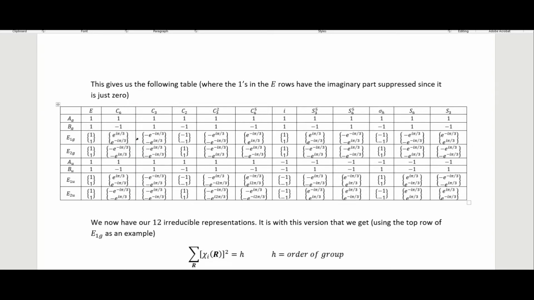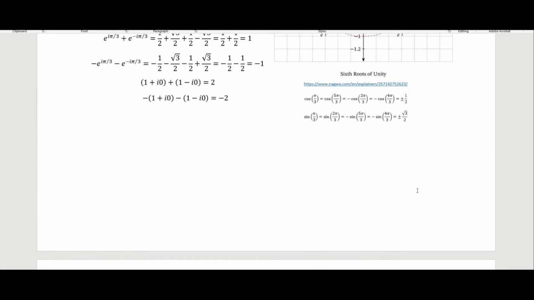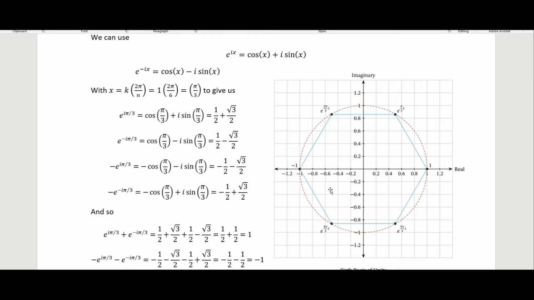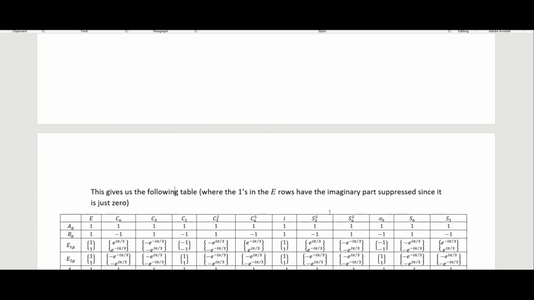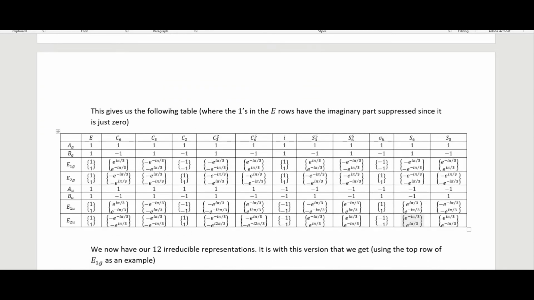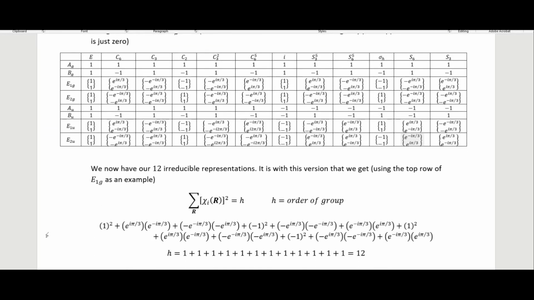But we can see in the rotation columns here and in the S columns here, we get these complex exponentials, which correspond to rotations and inversions and so forth in the complex plane. And so that is sort of what those complex numbers mean.